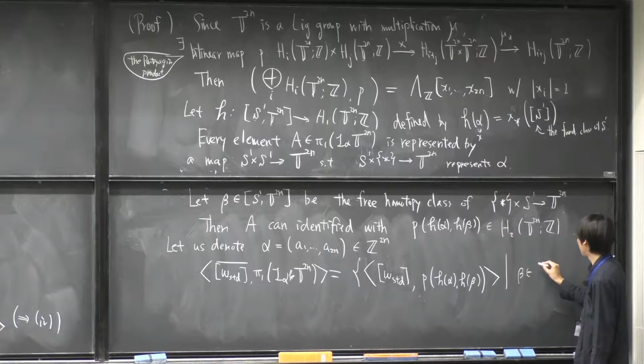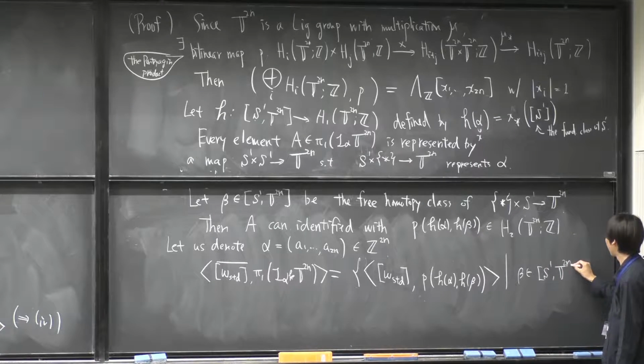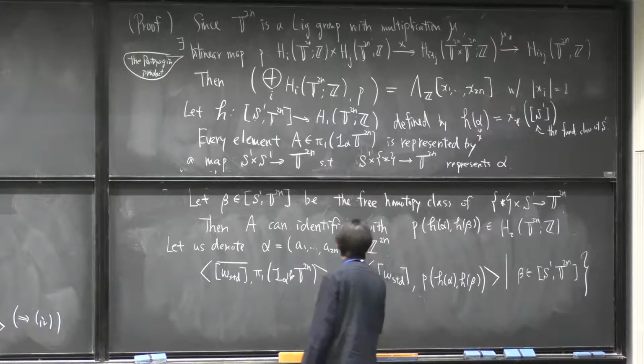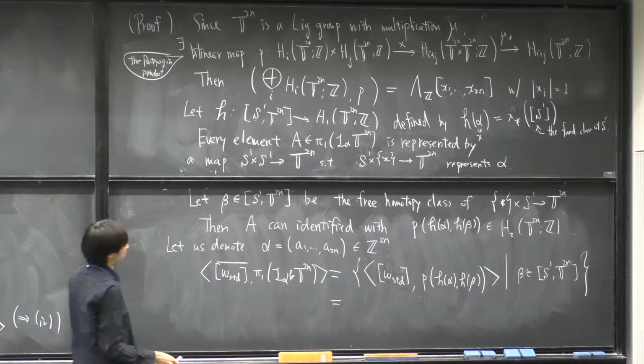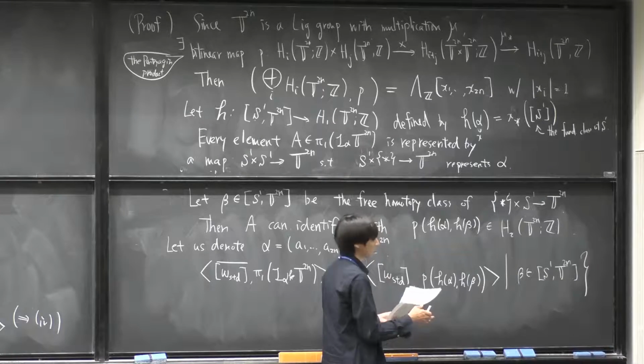Here beta is in the set of free homotopy classes. And the Pontryagin product is now the exterior product.